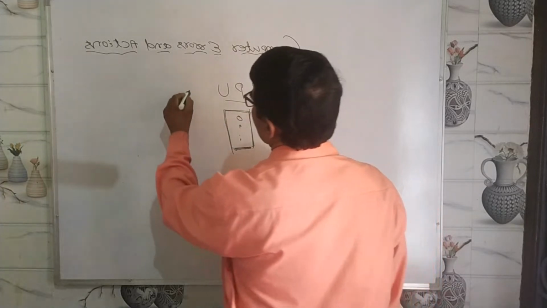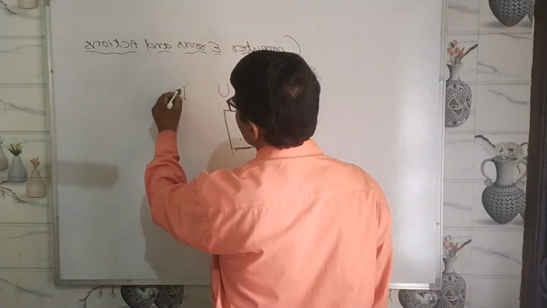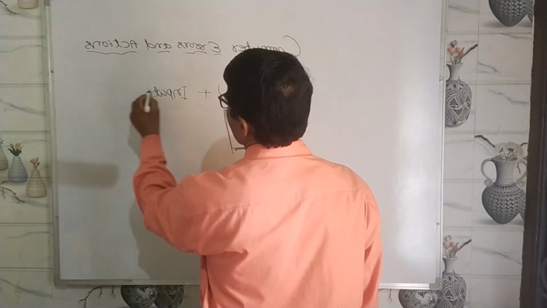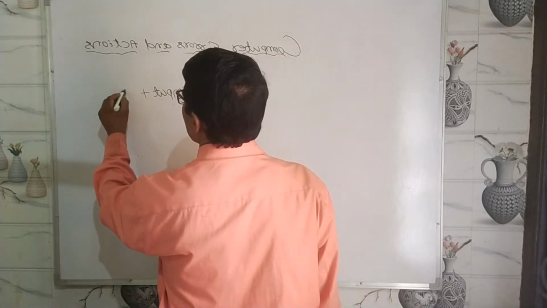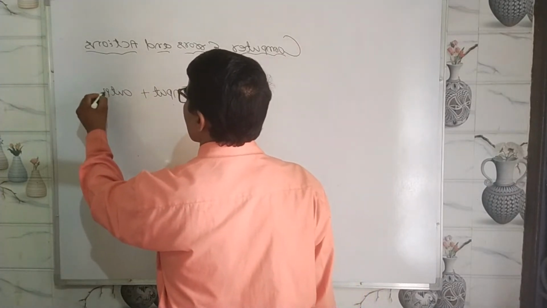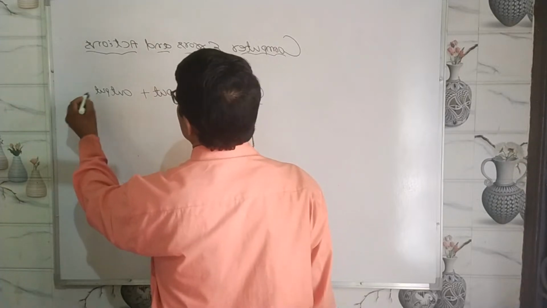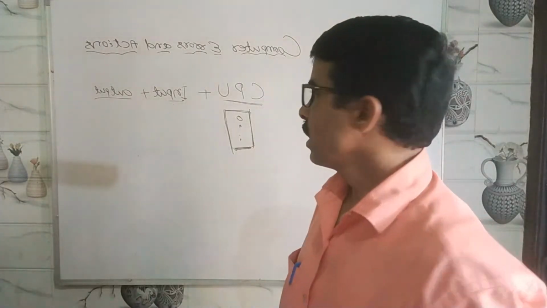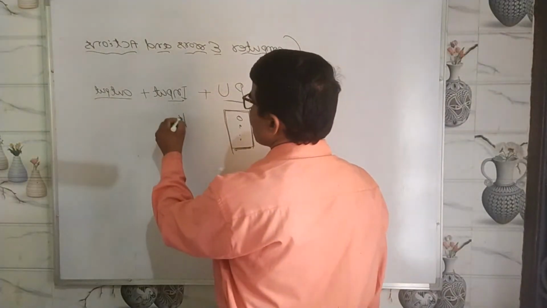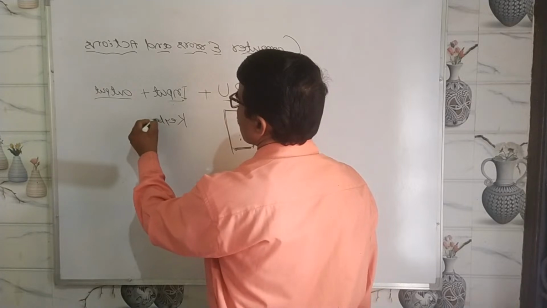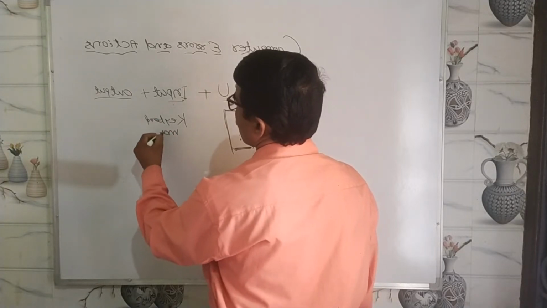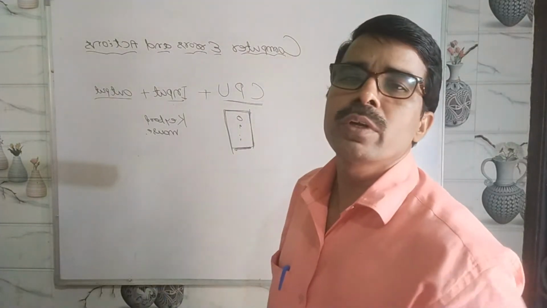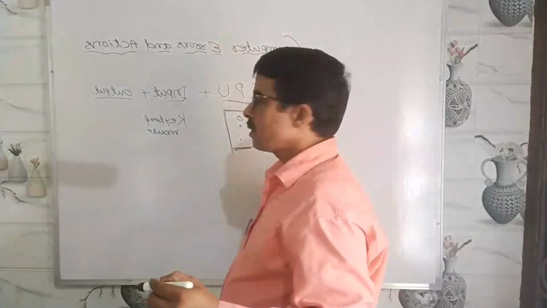Then some input devices and output devices. You may say generally keyboard and mouse are input devices. We will discuss them briefly when we go through the details of the written theory.